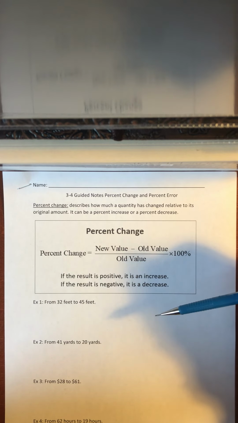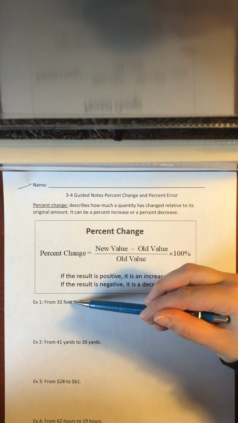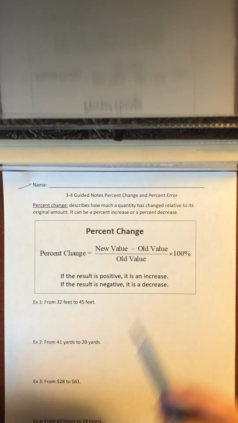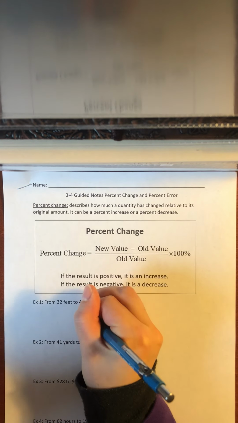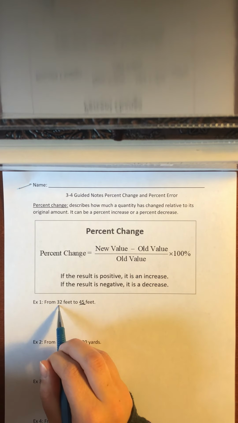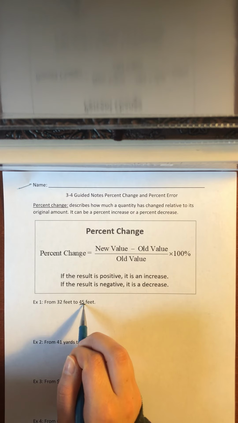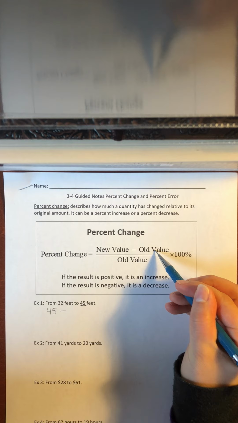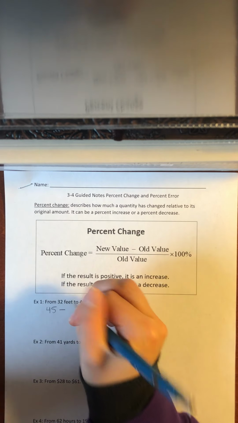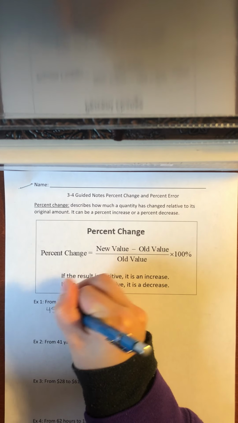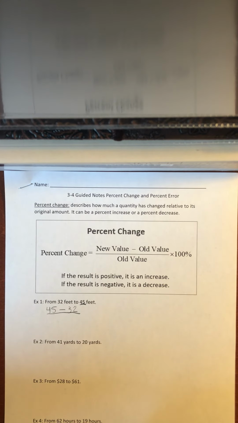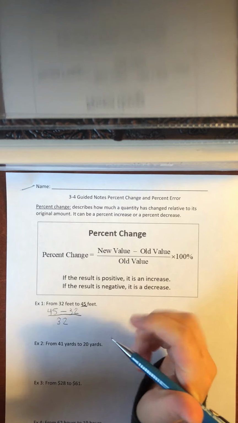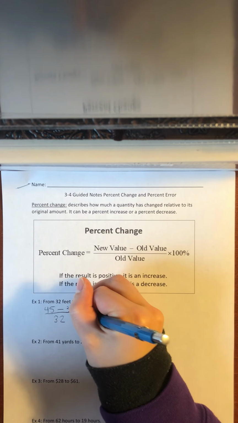So let's start with this first one. From 32 feet to 45 feet. Okay, so we're going to first take the new value. The new value is 45, right? It started with 32 feet and then it went to 45. So the new value is 45 minus our old value. The old value is 32, divided by the old value, which was 32. Okay?